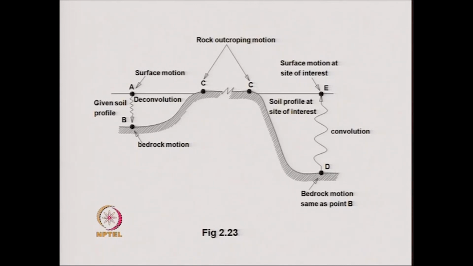In most of the cases, the ground records that are available may be on the surface of a particular ground, and that ground may have a particular soil property, and the soil property that is existing for the site is different, that is at point E. Say for example, we are interested in obtaining the site specific spectrum, and at point A we have some ground record available.